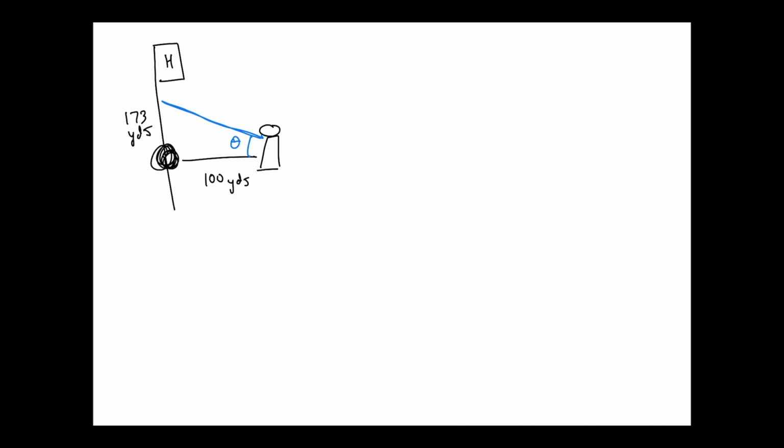It's going to make some sort of angle here to the horizontal. So what we want to know is how fast is the beam moving when it hits the hotel.